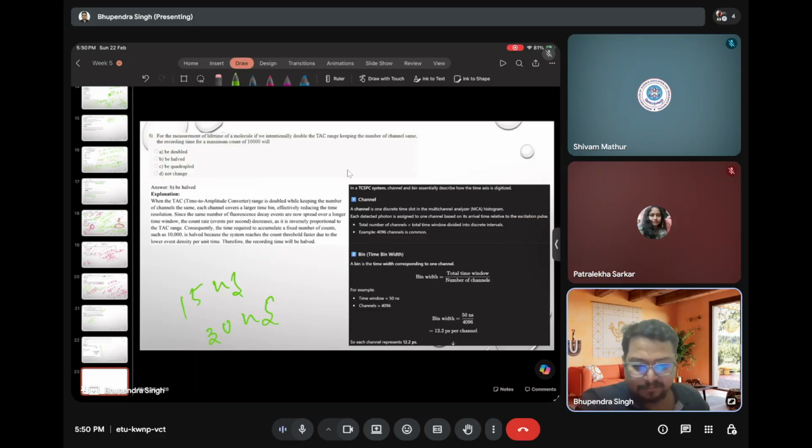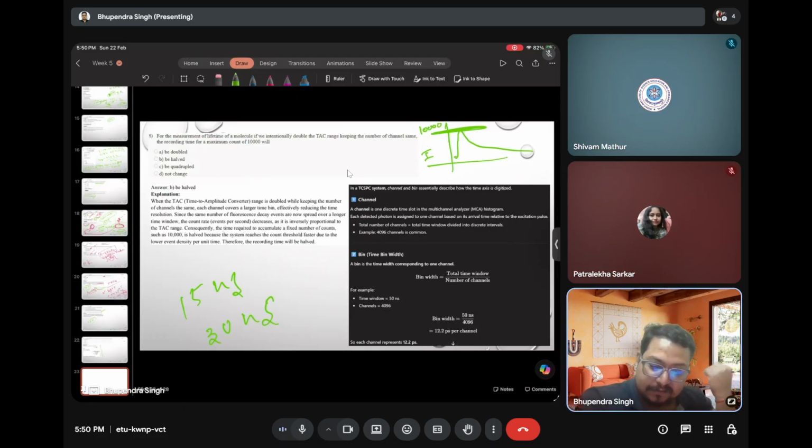The recording time for the maximum count of 10,000 will be. Let's say you are fixing the maximum count at 10,000. So your TCSPC data looks like this, and this is your 10,000. This is the intensity, photon count per second. This is the maximum height, 10,000.